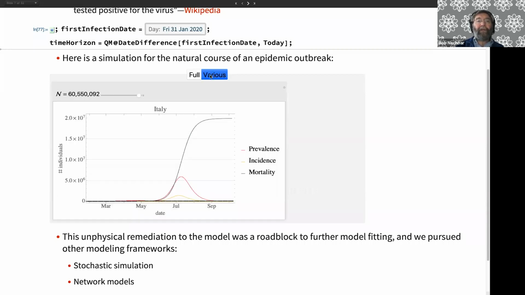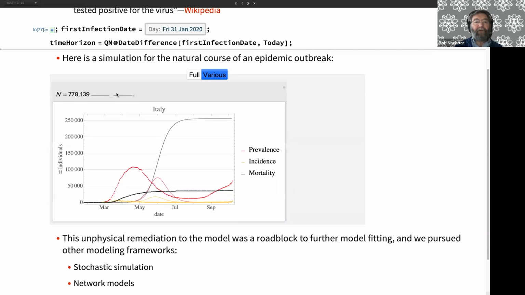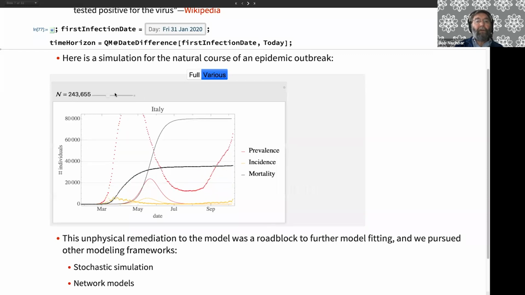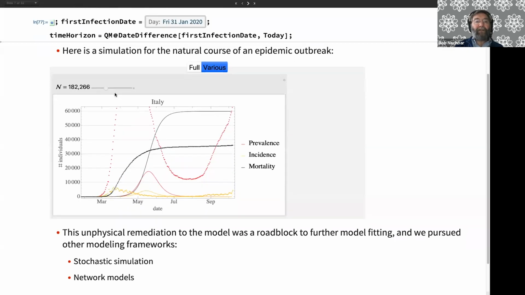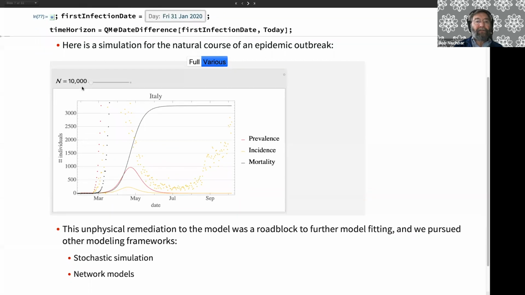And if we then allow the population size to change, and if we slowly decrease this, we can see that the infection moves earlier in time, but it still isn't matching the data. It's still not high enough. And by the time we get it occurring in March, it's way too small.